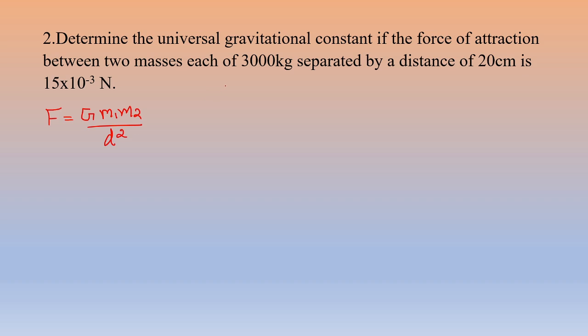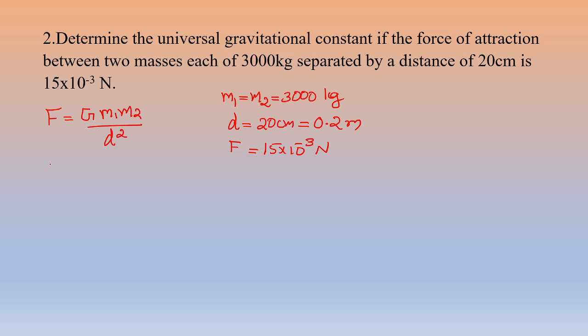Now here we have to find the value of capital G. And we are given m1 and m2, that is 3000 kilogram, and they are separated by a distance d, that is 20 centimeter, that is equal to 0.2 meter, and the force of attraction between them is 15 into 10 raised to negative 3 Newton.